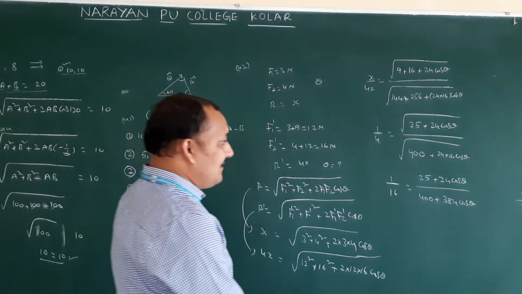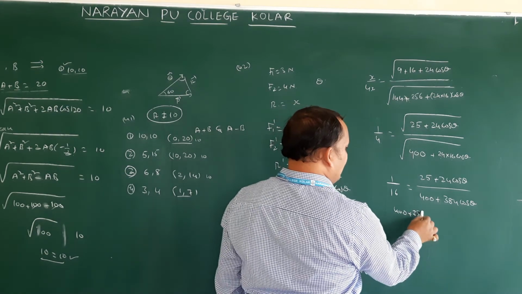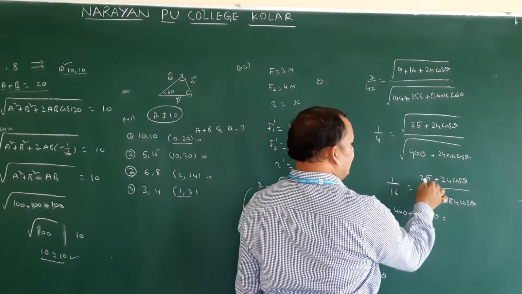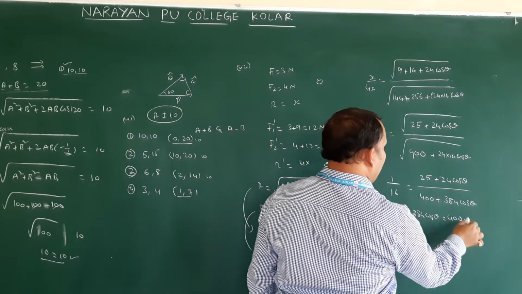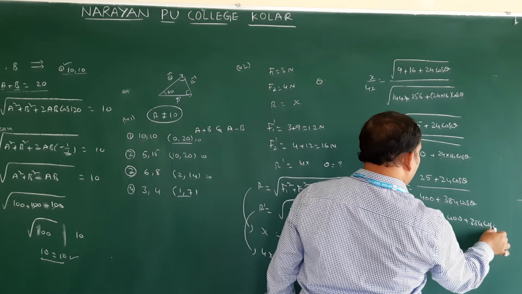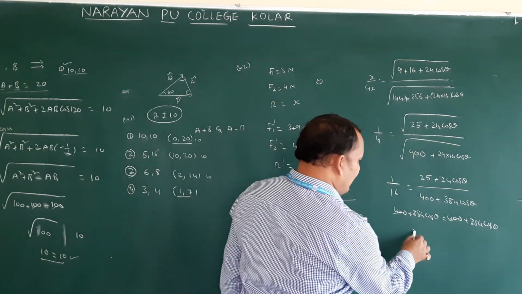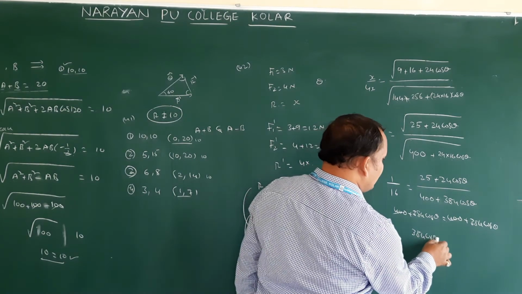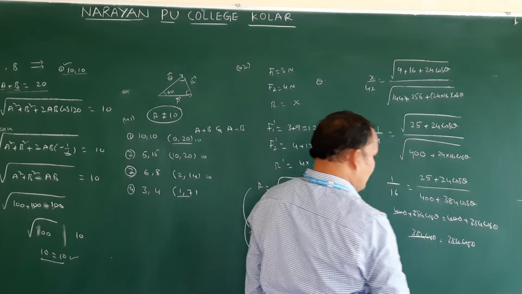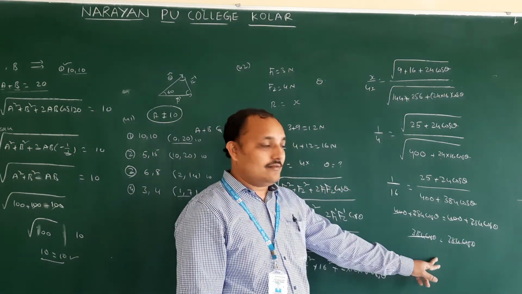So see here, after multiplying, this is coming here as 400 plus 384 cos theta. 25 into 16, 16 25s are 400, and 24 into 16 is 384. So now we get 384 cos theta. This one will be cancelled. Then what will be coming? 384 cos theta, 384 cos theta. This one also cancelled. So we are not getting any theta value.